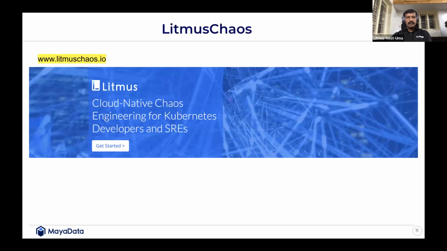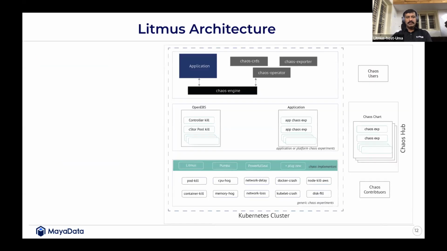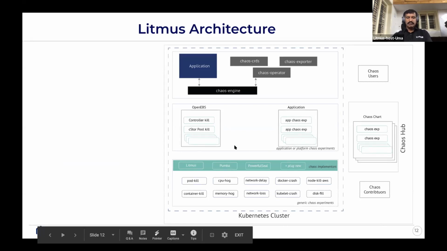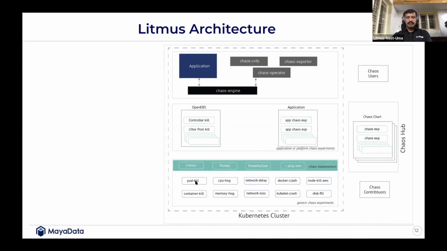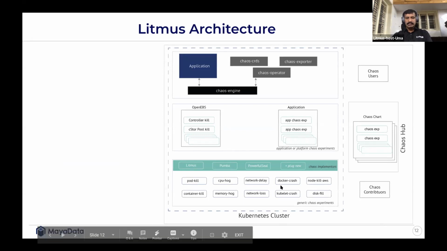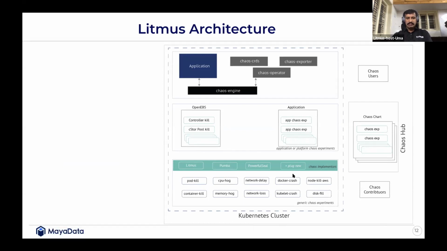So this is the website. And if you go a little bit into the architecture, you have applications that use Litmus for injecting chaos. The chaos can be of any type; we call them chaos experiments. And this chaos is injected using some plugins.